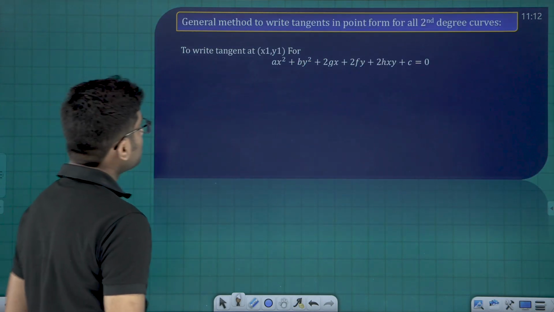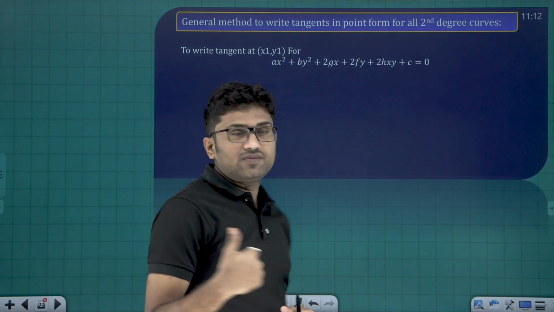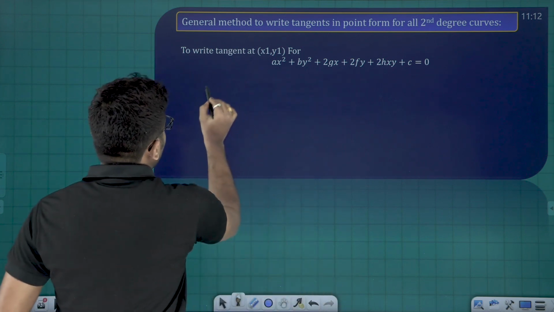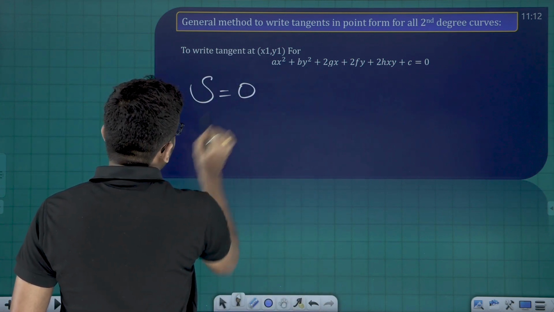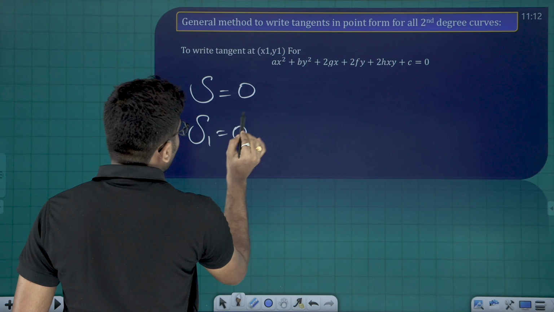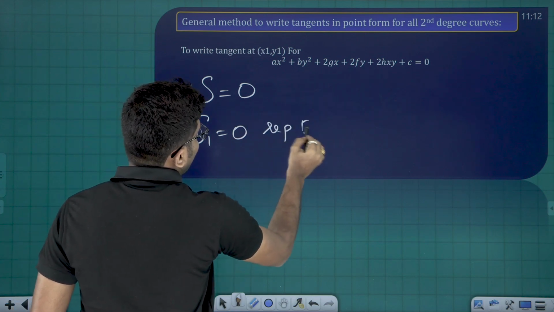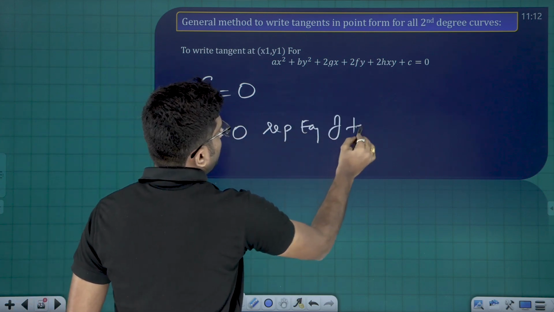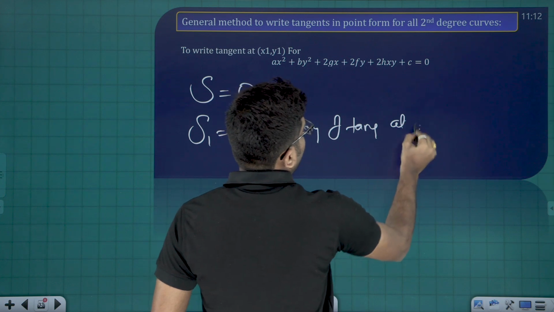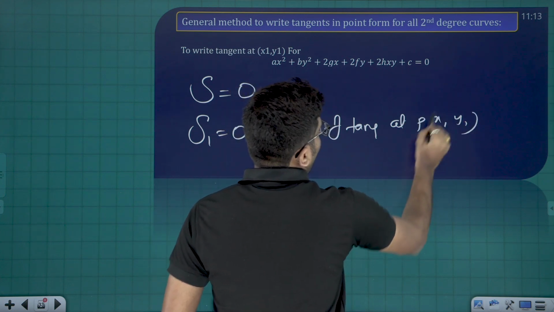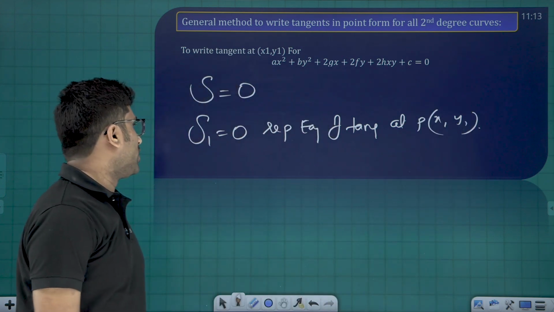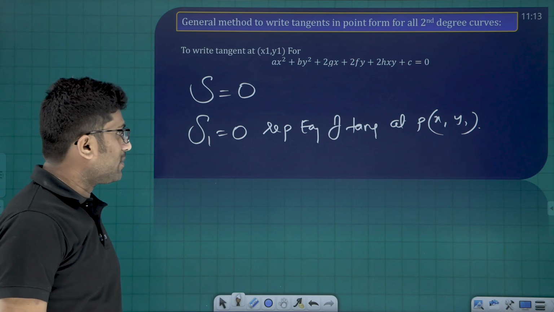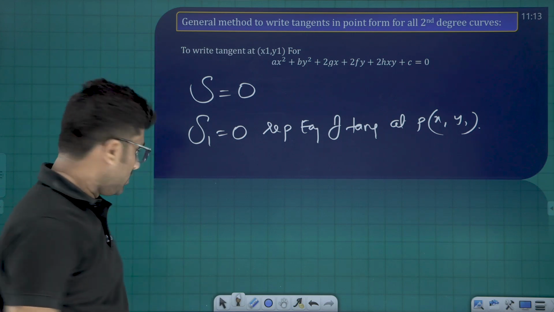General method to write a tangent for any curve: for any curve S equals 0, S1 equals 0 represents the equation of tangent at a point P of x1 comma y1.